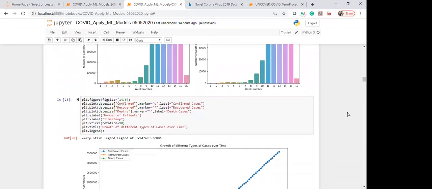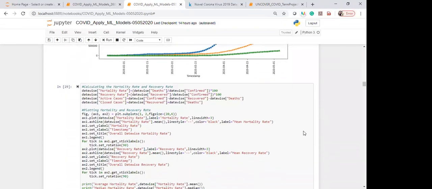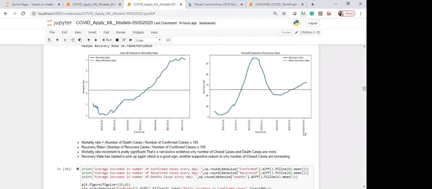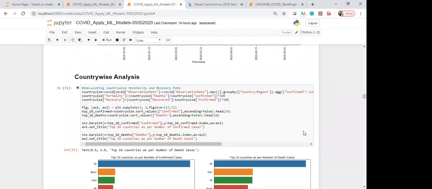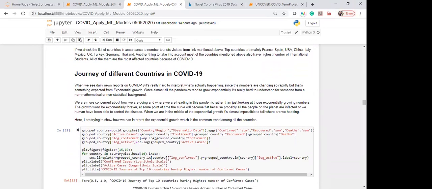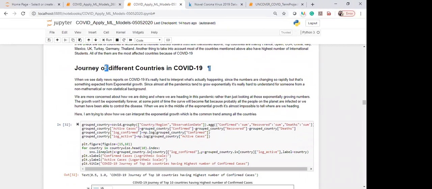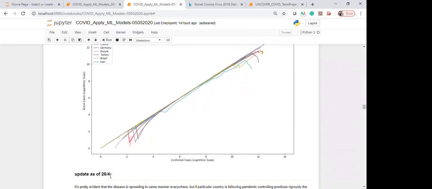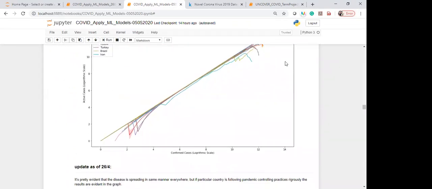Some other graphical representations and country-wise analysis. Here I wanted to look at different countries, and this is a pattern of this disease. In different countries, it is pretty evident that the disease is spreading in the same manner everywhere.